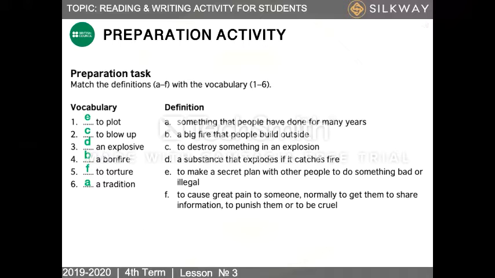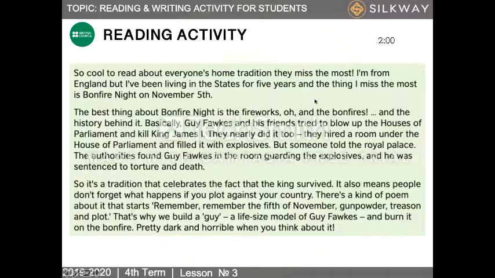Okay, I think you are all ready to do our reading activity. In our reading activity, you need to read this text for 2 minutes. Then afterwards, we will all read it together. Are you ready? Okay, your 2 minutes starts now.